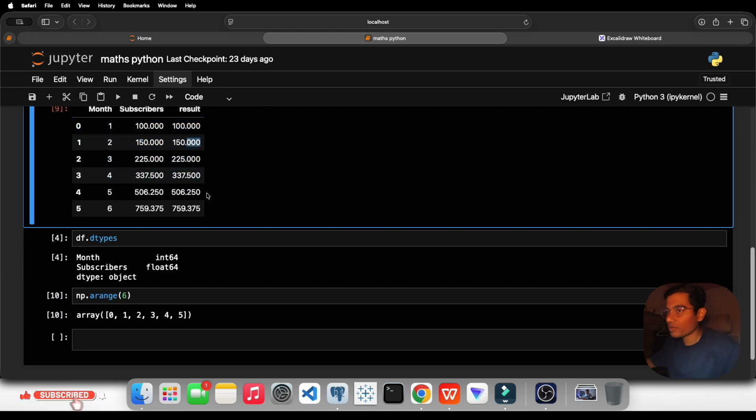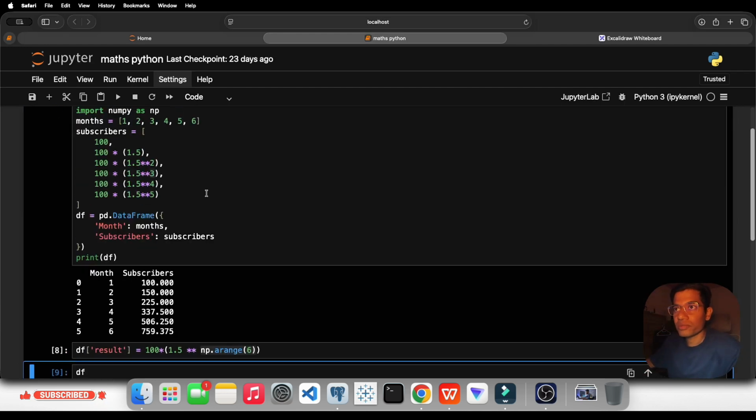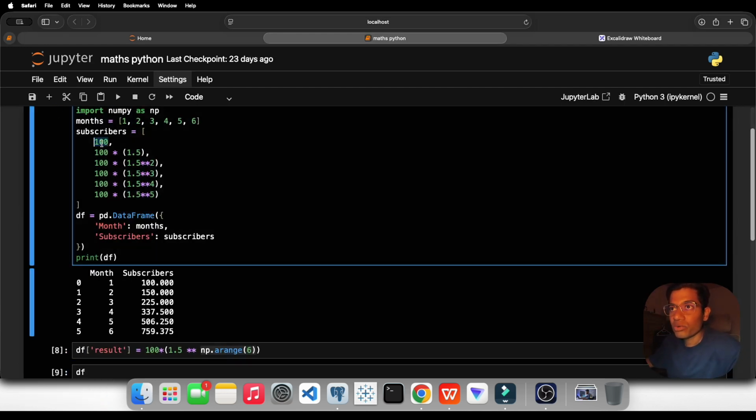Apart from that we have received all the output, simple as it is. To the power 0 is 100 because we have not multiplied with anything, because anything to the power of 0 is 1.